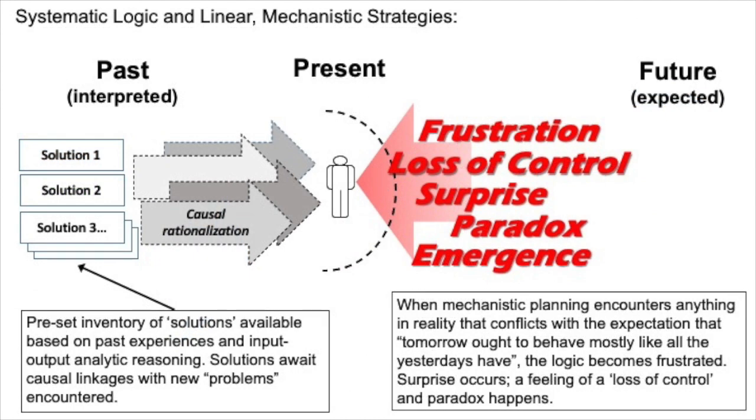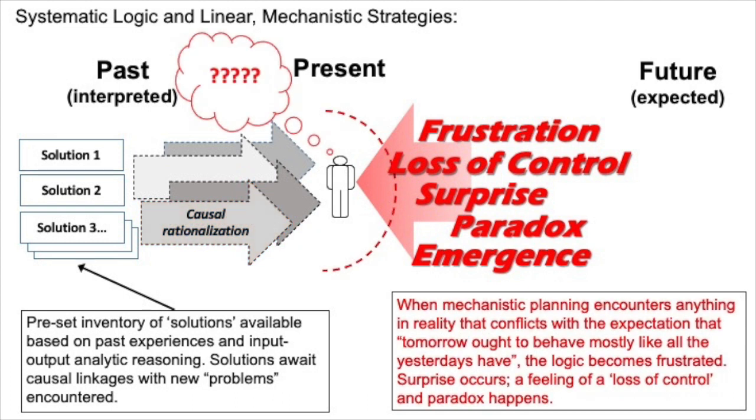Any deviation would be an anomaly, an outlier, something that was possible but statistically remote and an area to be less concerned with. In this way of framing reality, when mechanistic, analytically optimized planning encounters anything in reality that conflicts with the expectation that tomorrow ought to be mostly like yesterday, that logic then becomes frustrated.